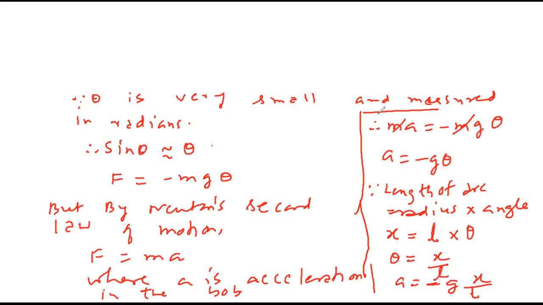So we got a is minus g x upon L. Since g and L are constants, therefore a equals minus constant into x.